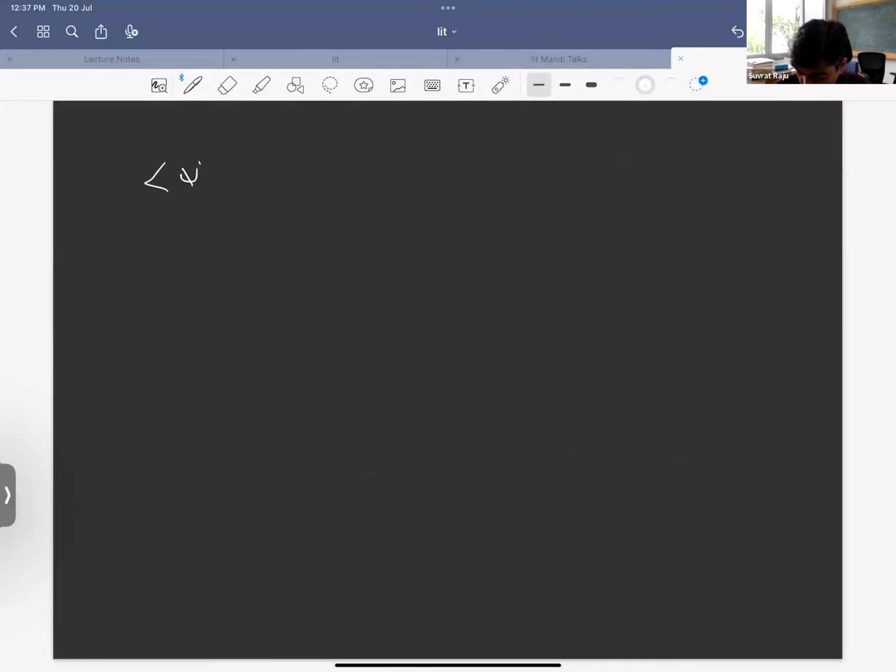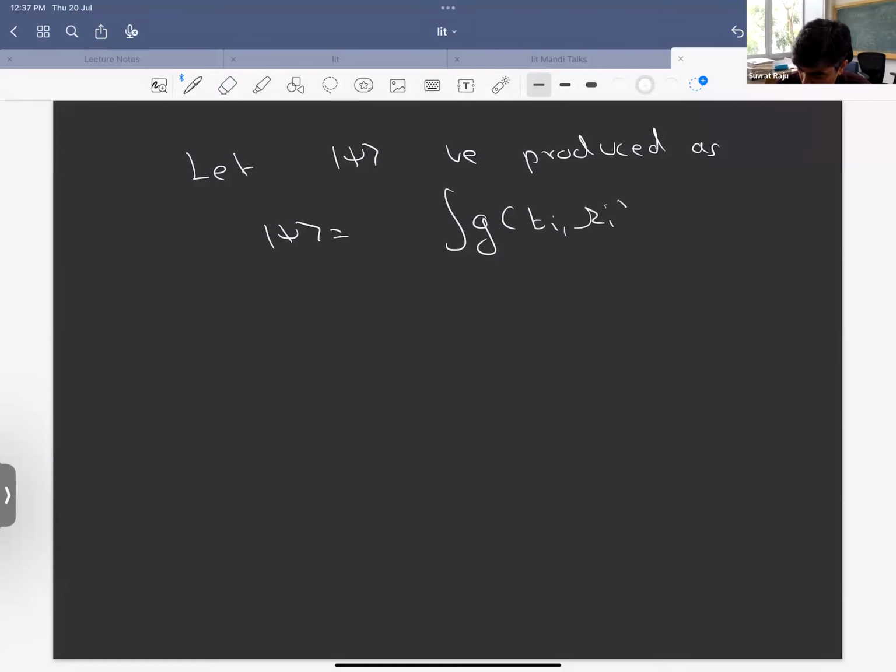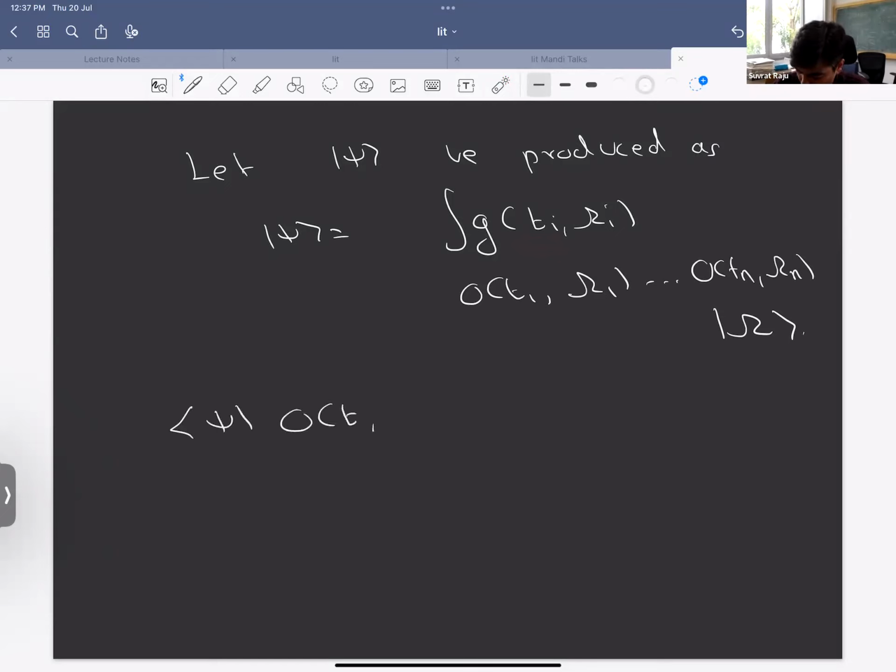So for instance, if you now think of psi as being like n particles or n field operators, then once again, the claim is that you can restrict the support of the smearing function to all the times in the range 0 to epsilon. Okay? And running through the same arguments, what we need to examine is this kind of matrix element.